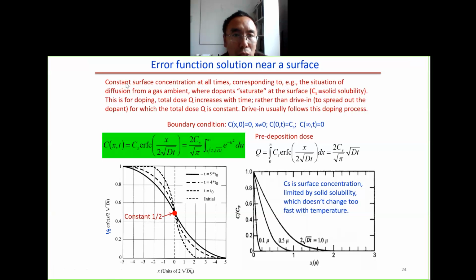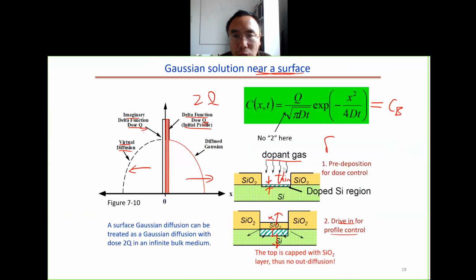This constant surface concentration corresponds to the situation of, for example, diffusion from a gas ambient. If we look at the surface concentration in this pre-deposition step, the surface concentration is constant.